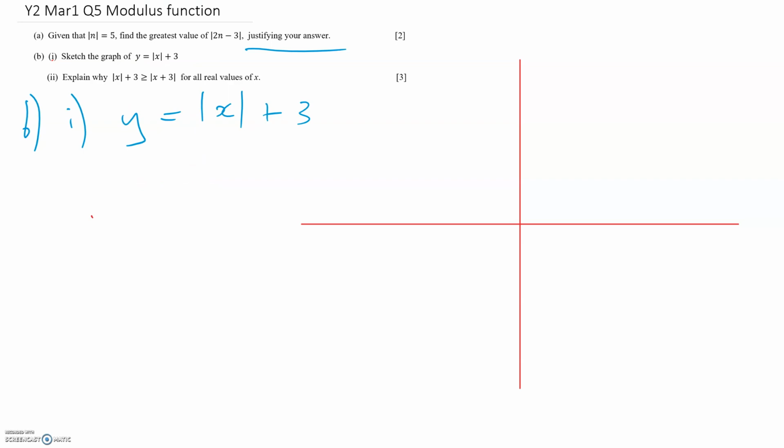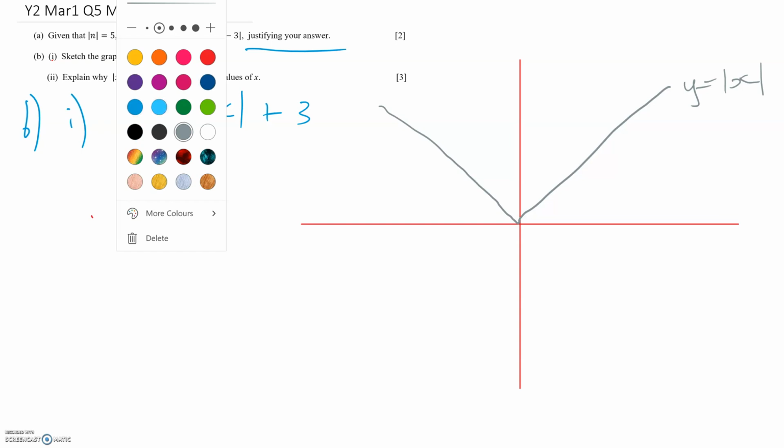So the graph of modulus of x looks a bit like that. That's not great, actually. Let's try and make it a bit better. That'll do. That's the graph of y equals modulus of x. And the graph of modulus of x plus 3 is just that graph translated up 3.